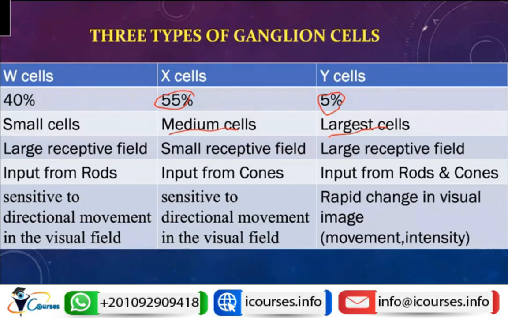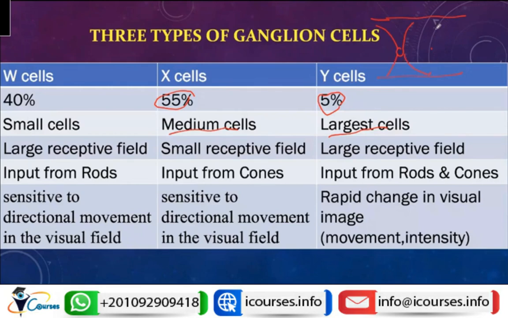To better understand the idea of receptive field and on and off, let's say you are looking at the retina from anterior to posterior. Here is the retina, here is the optic nerve and the arcades, and here is the fovea.